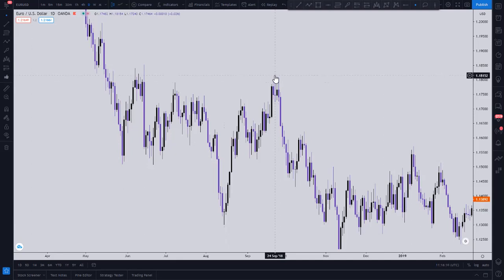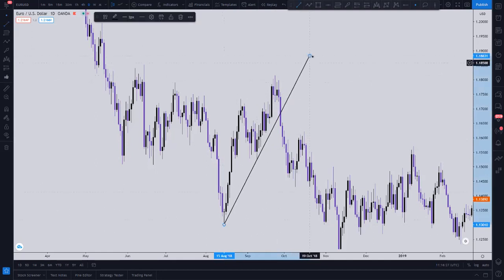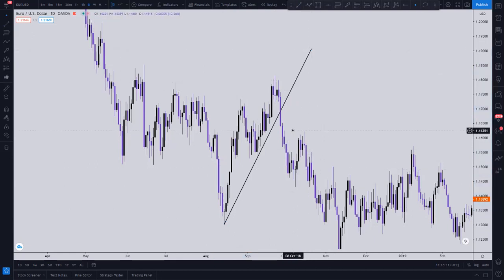These are just the basics to help make forex easier for you, right? So what happens is that now we just take this low, and after taking this low, I'm just going to join it and extend it further like that, right?